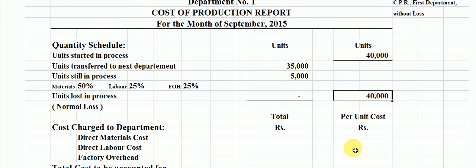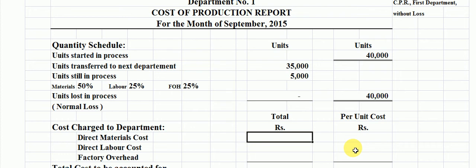Now we move to the second section, cost charged to department, in which we have to put the costs like material, labor and factory overhead, which are given in the problem.